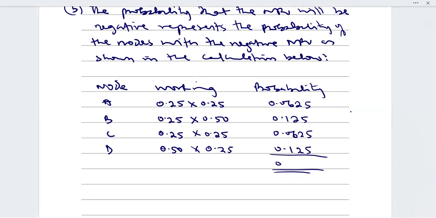Let me see. 0.125 multiplied by 2 is 0.25, then plus 0.0625 plus 0.0625, that's 0.375.